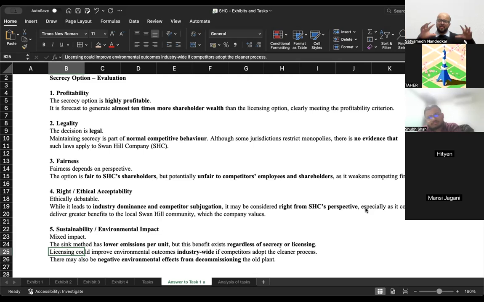Say our market share, as we had seen in the pre-read, is 30%. So out of the total output in the market, 30% is from cleaner sources, 70% is not. If we leave our profitability and our name and everything on one side, and we only look at it from an environmental perspective, wouldn't it lead to a better world and a better environment if those 70% also adopt this method? So we are just putting that particular perspective here, nothing else.